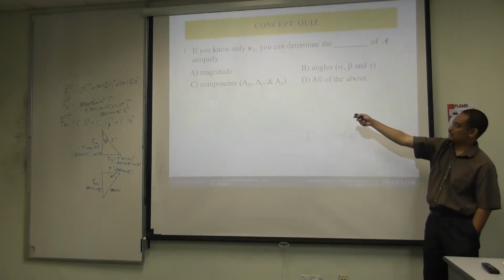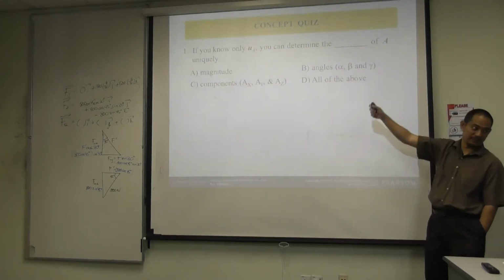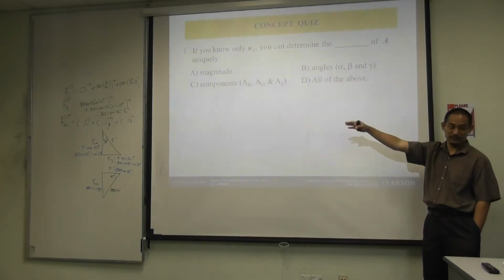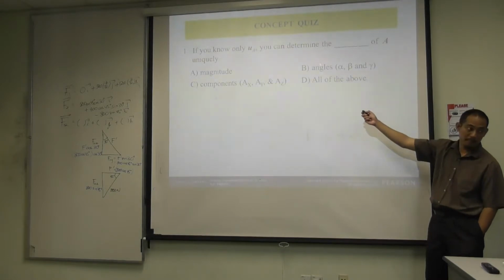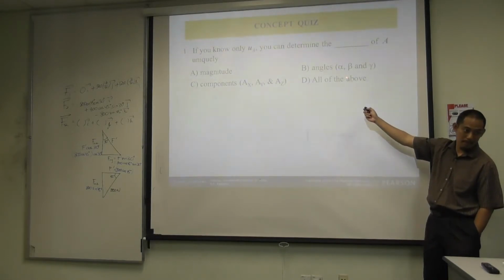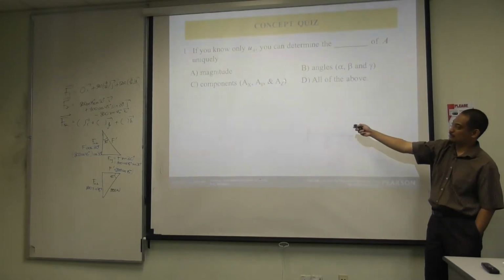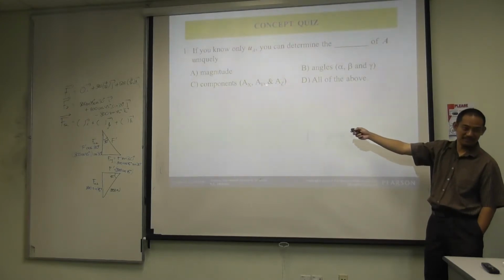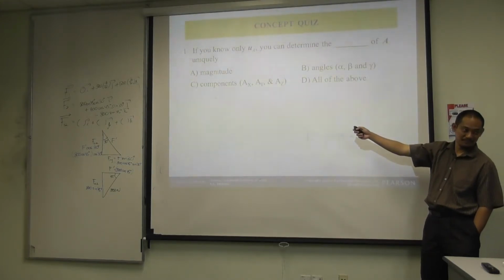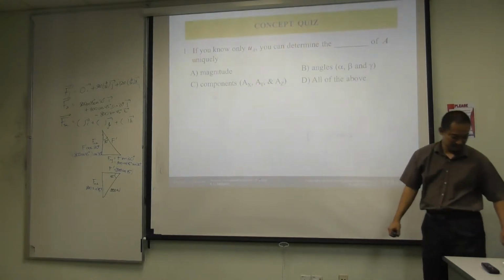No, right? Because it doesn't have any information about A. It only has the information of the direction. Can you determine alpha, beta, gamma? No. Can you determine AX, AY, AZ from UA? How do you determine?